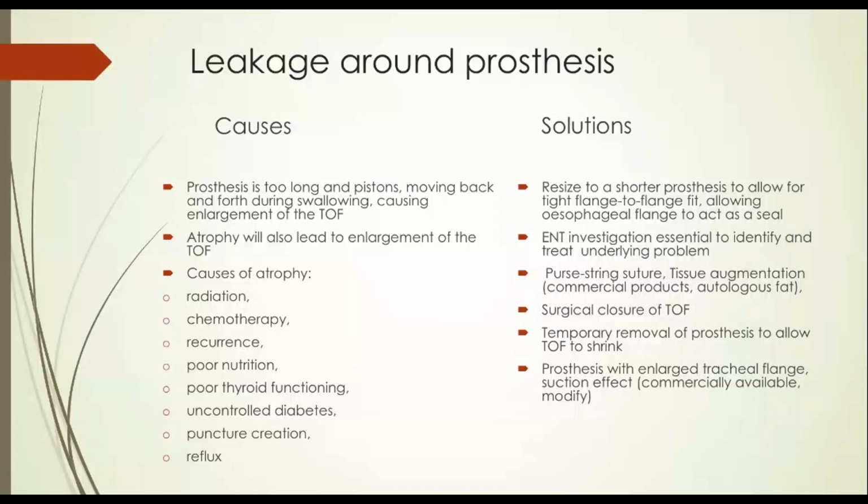We may need to surgically close that top and then repuncture, or in some patients, and what we do here more frequently, we remove the top and wait to see if the tract then closes on its own. Again, if the patient is nutritionally compromised or if there's some other underlying cause, it may not.